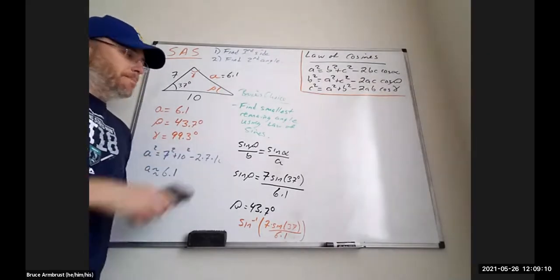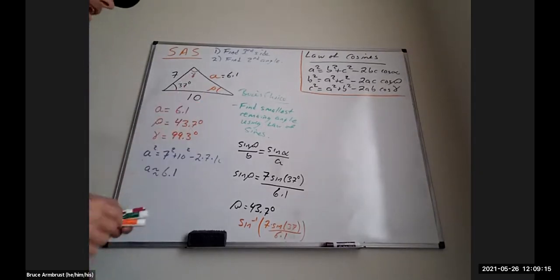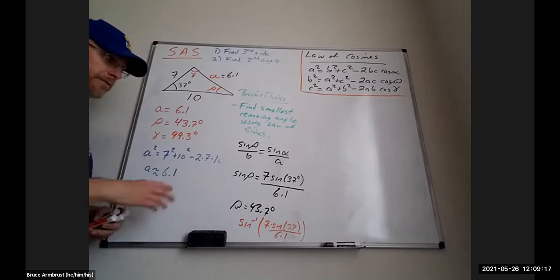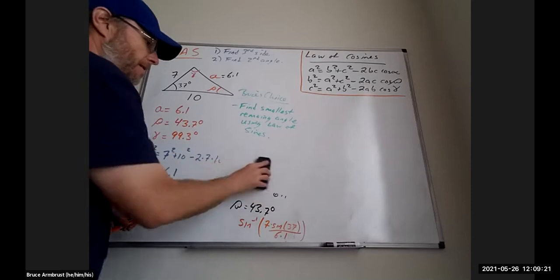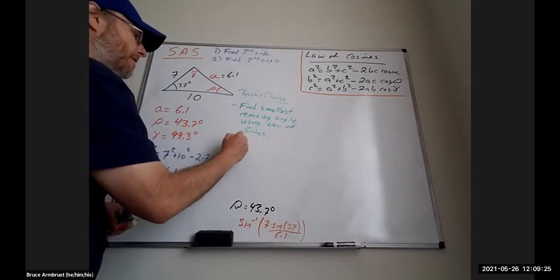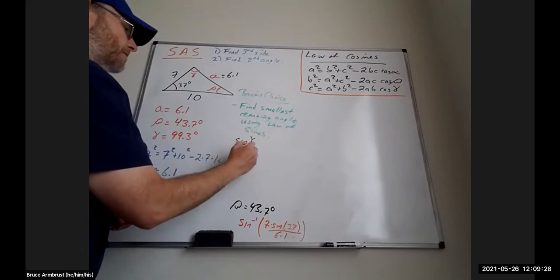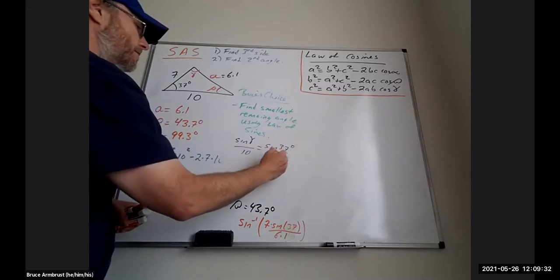Because here's the deal. Let me show you what would have happened if instead we had gone for gamma. All right, so we know that beta is equal to 43.7. But if I had done this for gamma, so we have sine of gamma over 10 is equal to sine of 37 over 6.1.